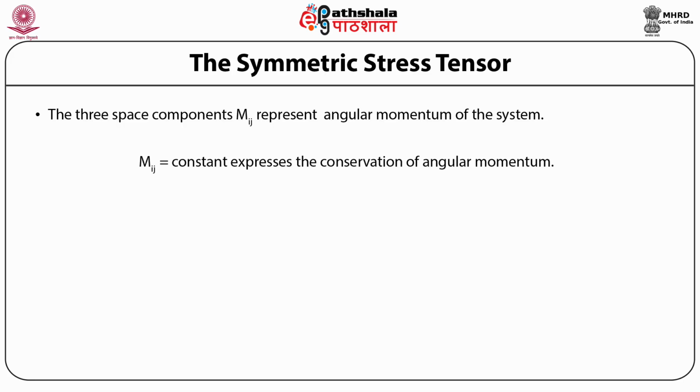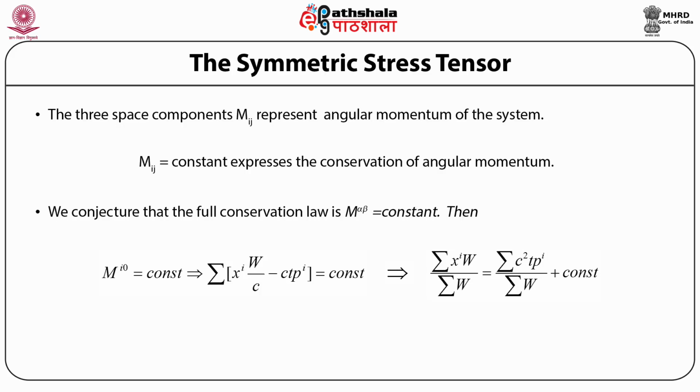Mij equals constant expresses the conservation of angular momentum. We conjecture that the full conservation law is M alpha beta equals constant.